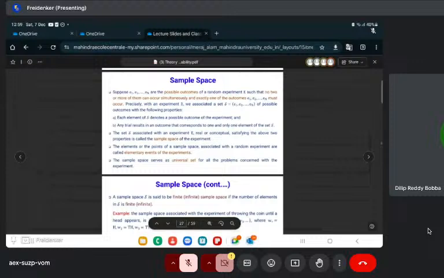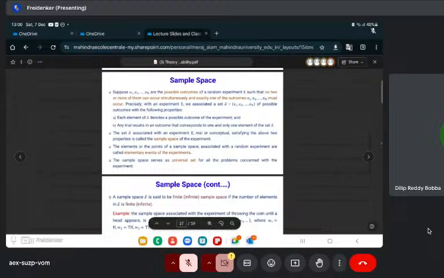Any trial results in an outcome that corresponds to one and only one element of the set S. Okay, so let's say I have my sample space and I perform a trial. Then the trial must correspond to only one event. It shouldn't be mapped to multiple events of the sample space.